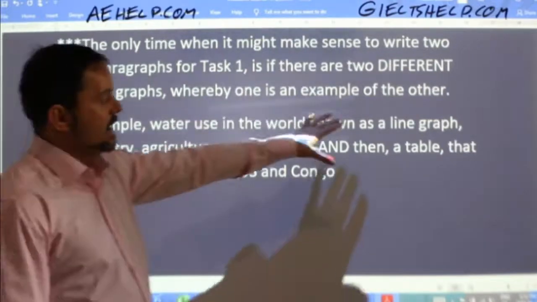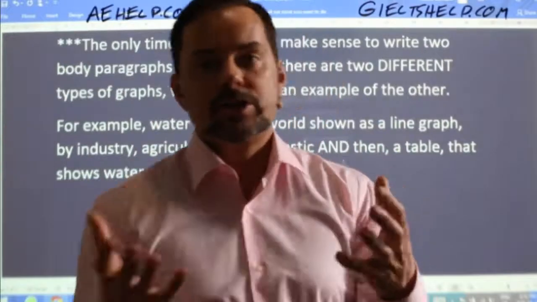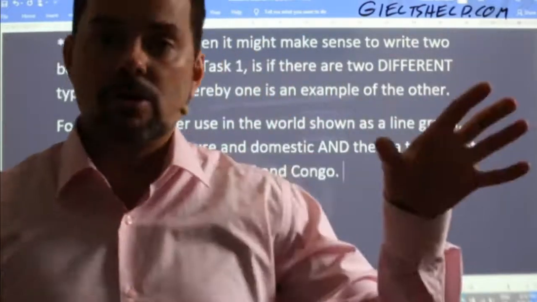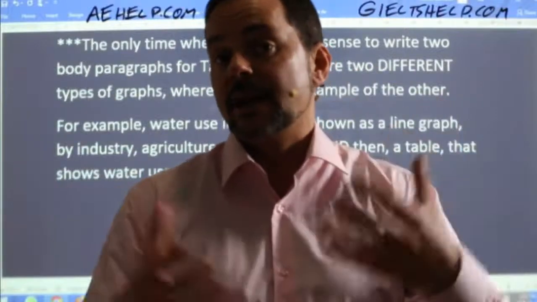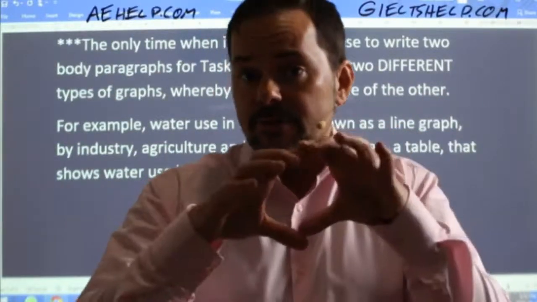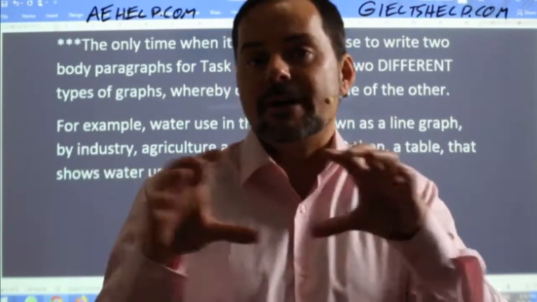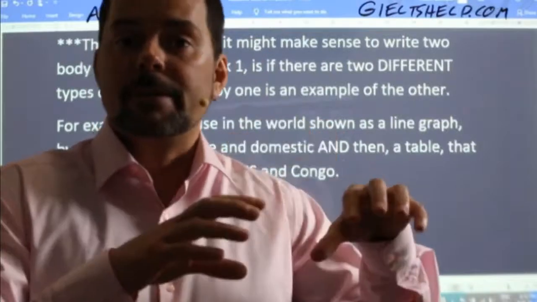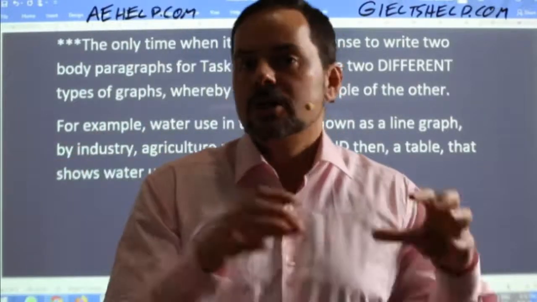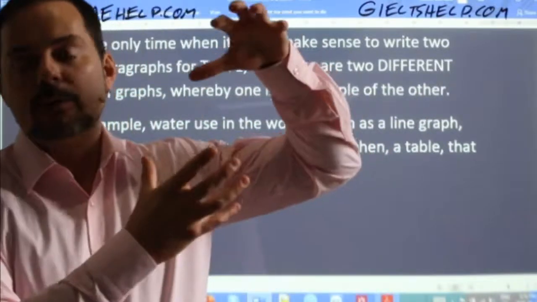The line graph is giving you the global picture of how water is used among agriculture, industry, and domestic, meaning in the household. And then they have a little table underneath which outlines the different amounts of water used in Brazil, Congo, and US for farming, industry, and by people. So that's a subset of the global picture.